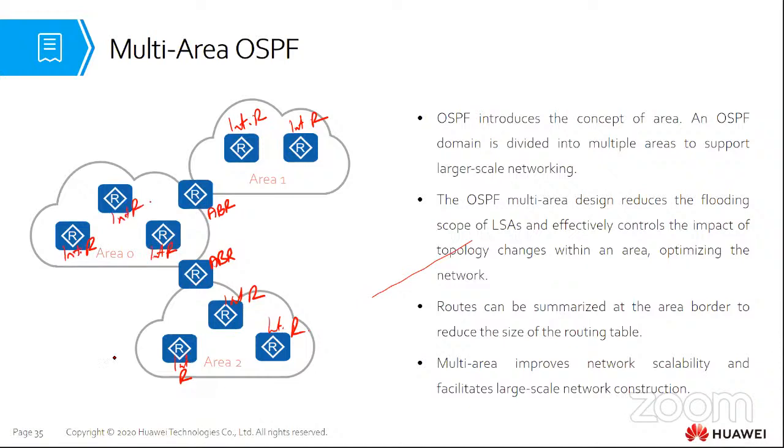Routers that have all their interfaces in the same area are called internal routers. They are internal to that area. Routers that have some interfaces in one area and other interfaces in another area are called area border routers.